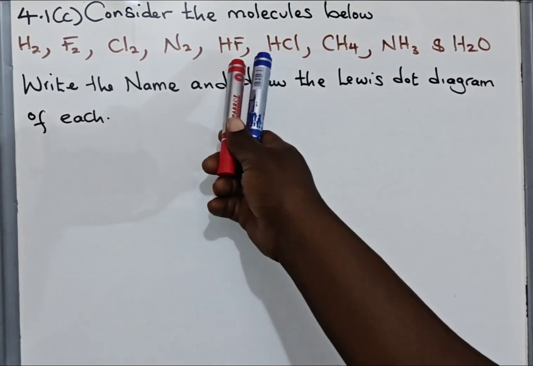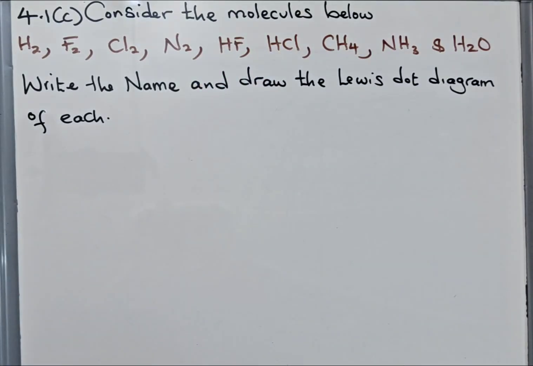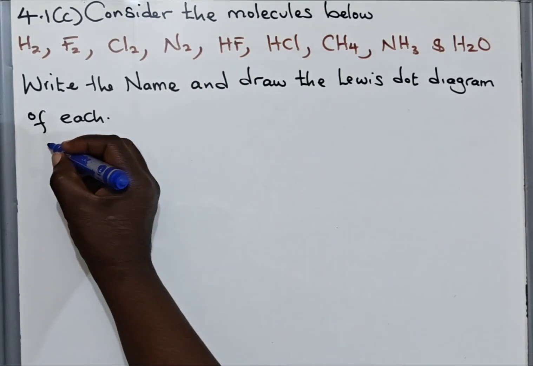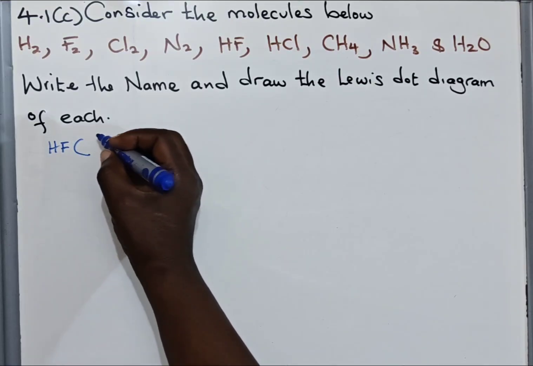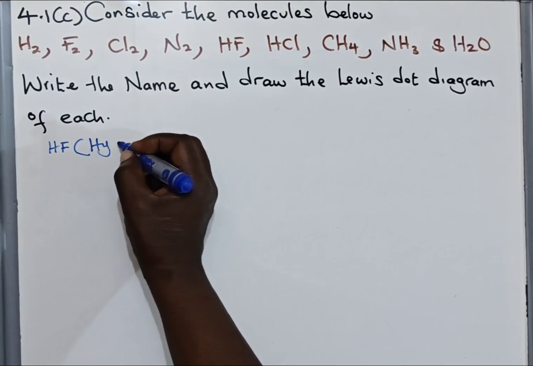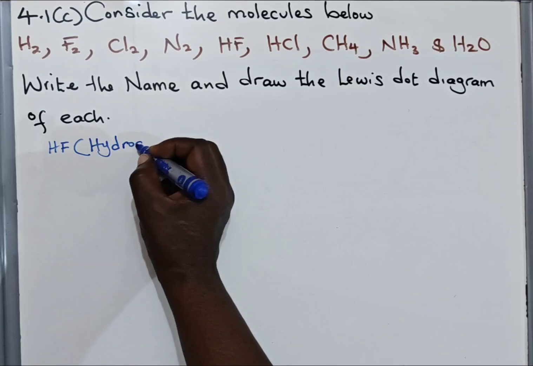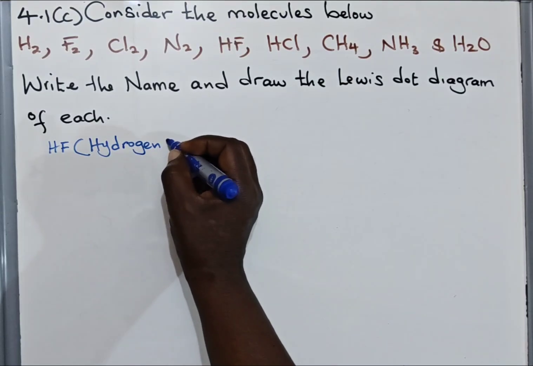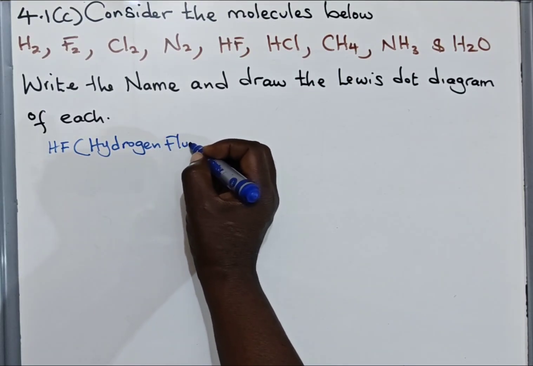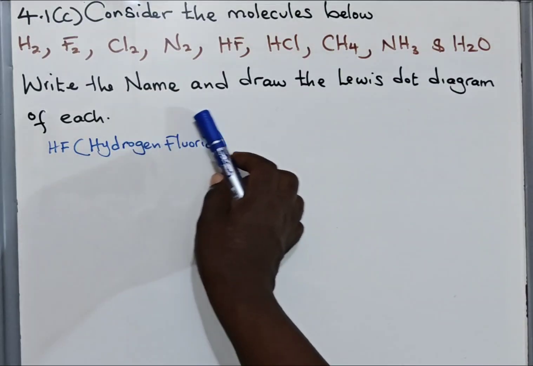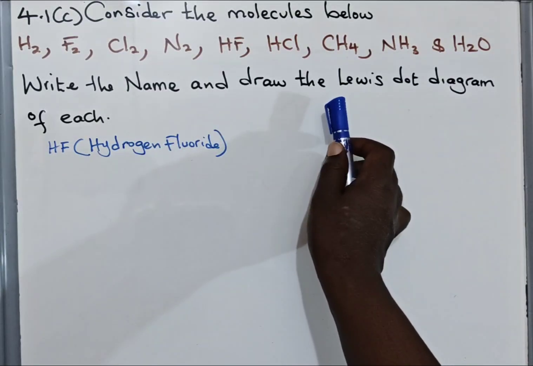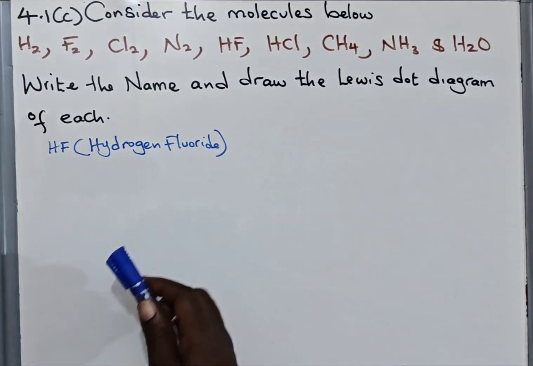Next we come to this HF. What's the name of HF? It is hydrogen fluoride. And what am I supposed to do to draw the Lewis dot diagram?